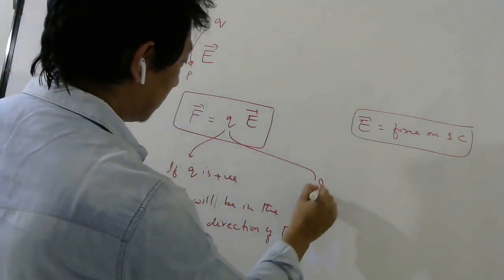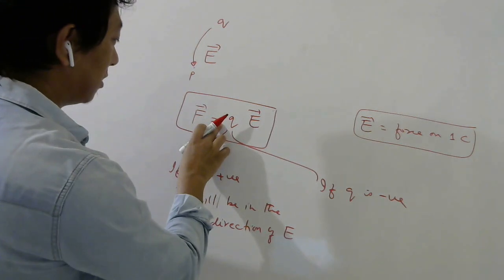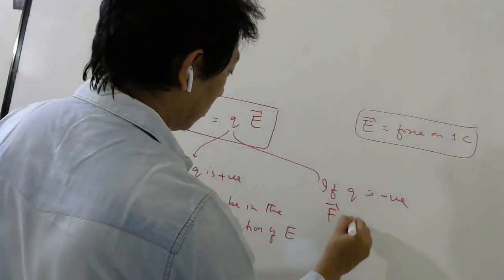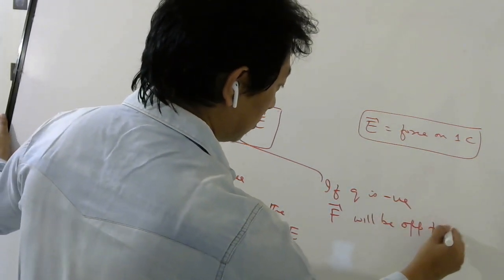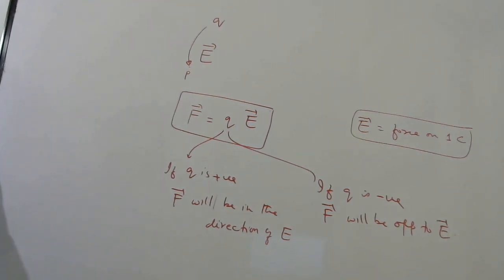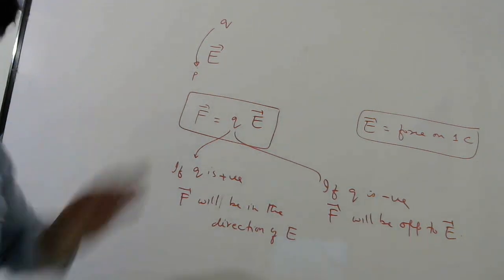And if Q is negative, if there is a minus sign, what does it mean? This vector is opposite to this vector. So force will be opposite to electric field. Okay? So this is something which I wanted you to know.